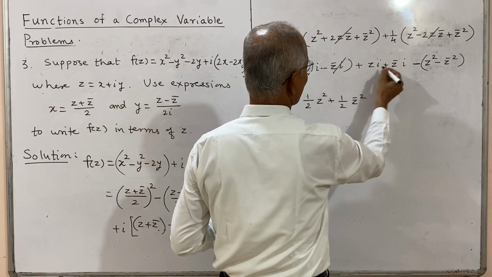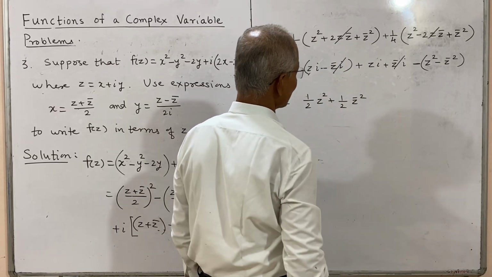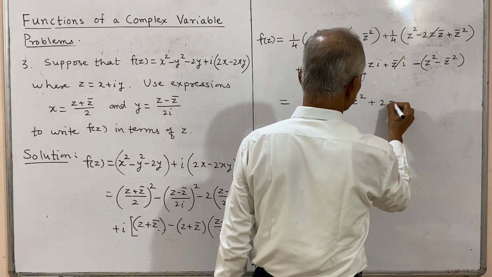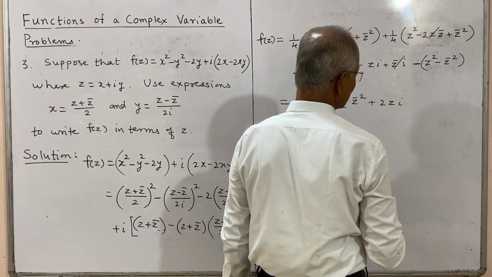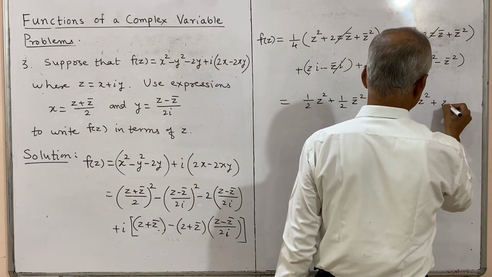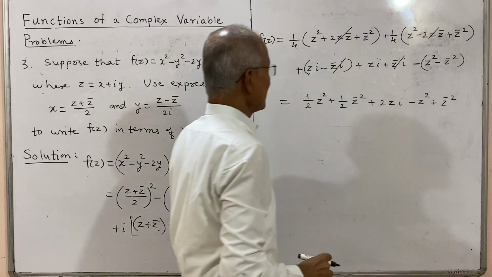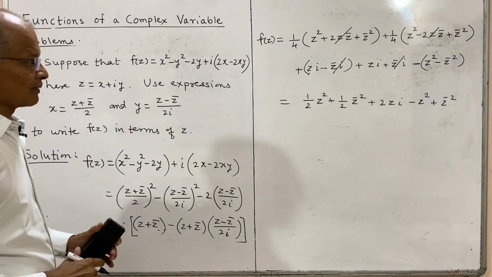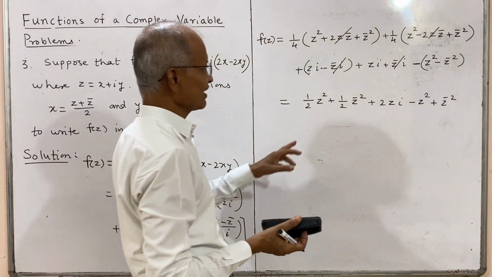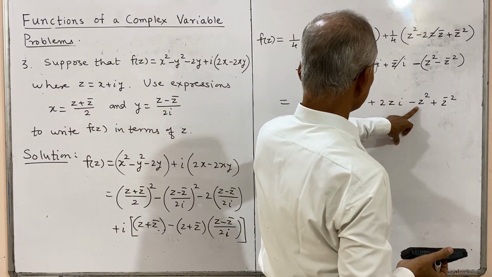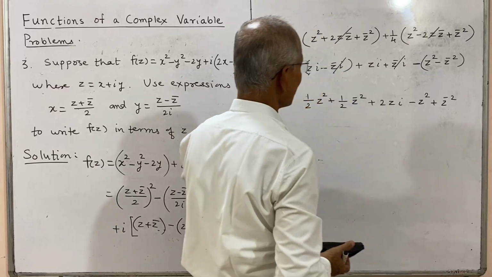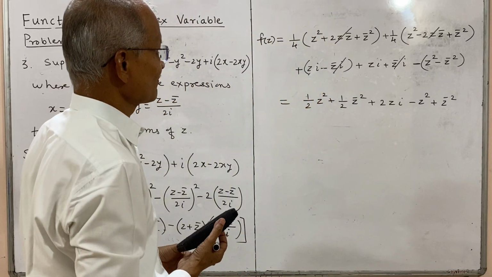Z bar i plus z bar i cancels, and zi plus zi is twice zi, and here it is minus z square plus z bar square. So further you see this will be half z square minus z square, so that is minus half z bar square.